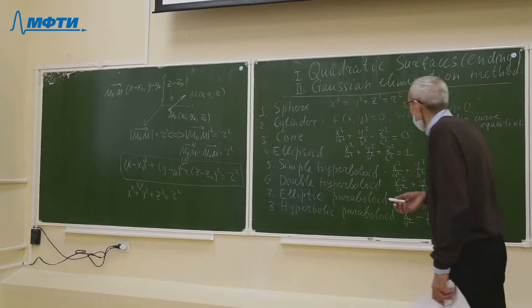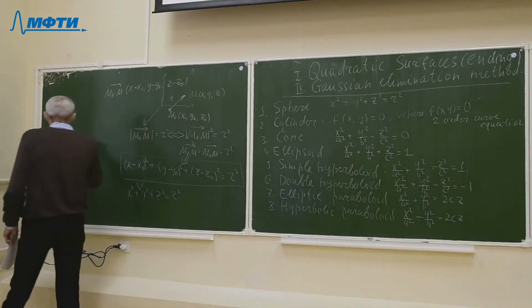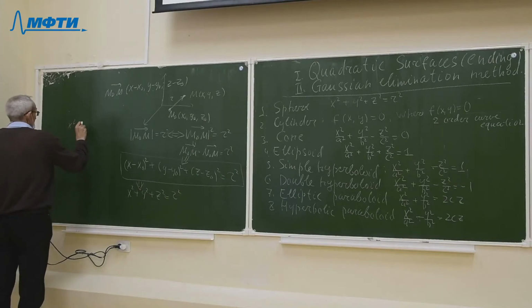For example, we have an equation in the form x squared plus y squared is equal to r squared.